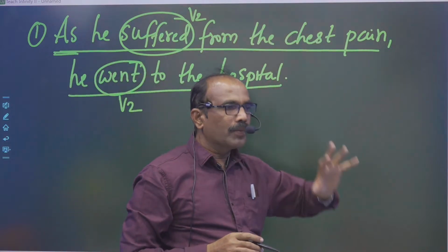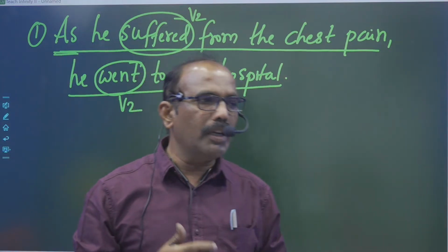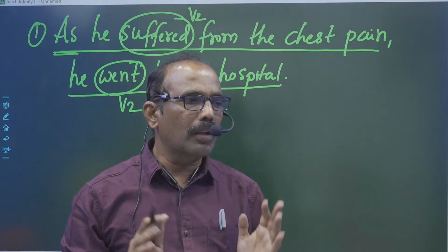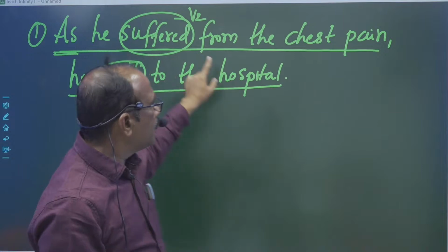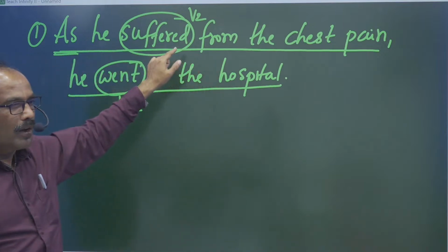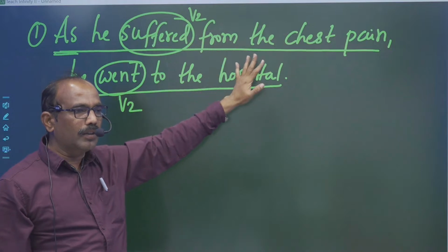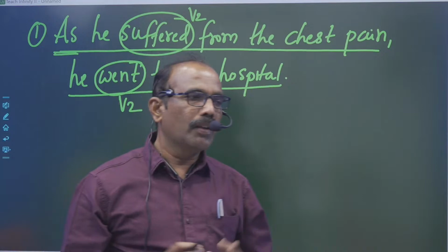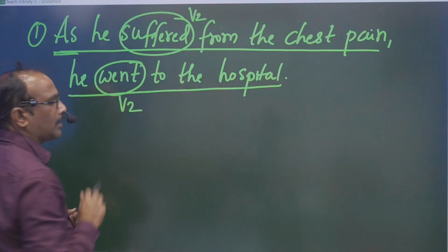So do you think that particular clause gives the complete meaning on its own? The meaning of this clause is, because he was suffering from chest pain. Do you think the meaning is complete? And now look at this clause. He went to the hospital.